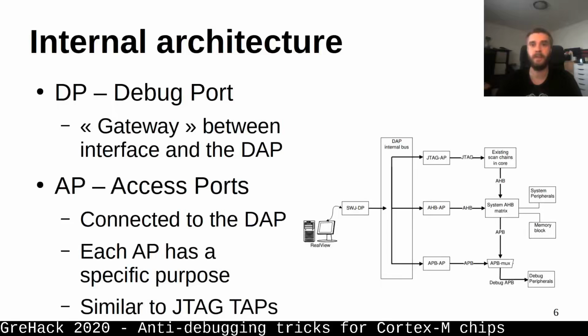Then, on that DAP bus, there can be one or more APs, for Access Ports. Those ports are connected on a bus, and each of those APs has a specific ID and different registers that you can read from or write to. This is pretty similar to the JTAG DAPs.